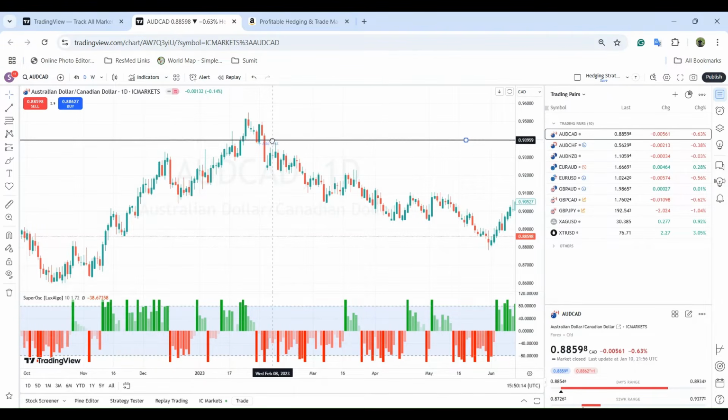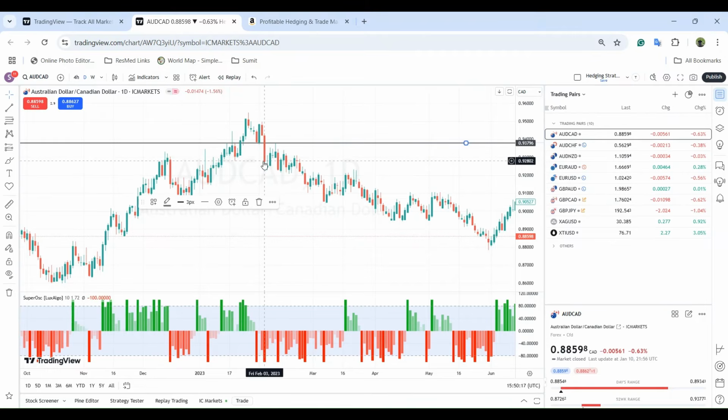We come till here, we take half the profit, put a stop loss here at break even, and let it run as a trailing stop. Now, it can happen that you may get stopped out here because the market started going upwards. But if it may just touch us, we'll be out of the trade, but we would have anyway made a profit. But if it doesn't, then you would be making this profit here as the market goes down.